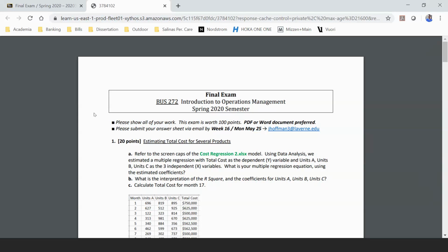It's due by email, just like the previous midterm. You don't have to wait until the last minute unless you have other things to do, but whenever you're done with this, you can email it to me at the same email address.